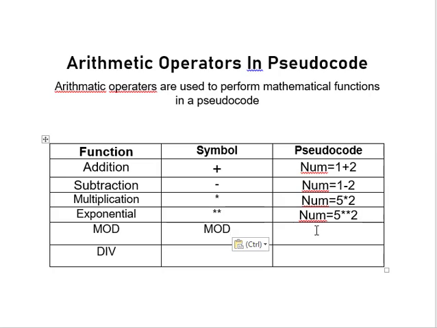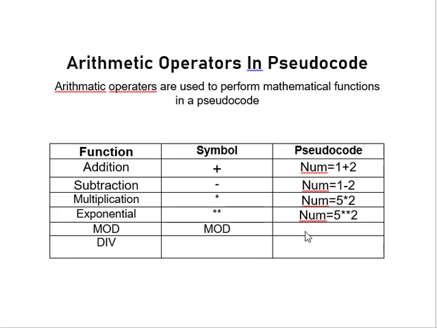Like if I am going to divide 5 by 2, or 5 mod 2, written as 5 MOD 2, it will be equal to the remainder. The remainder for this is 1. 2 multiplied by 2 is 4 and 5 minus 4 is 1, so it will be 1.